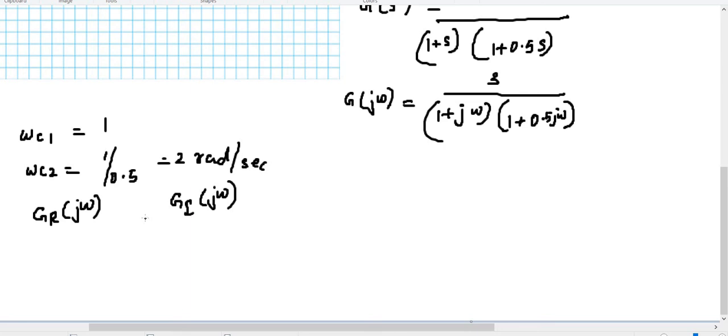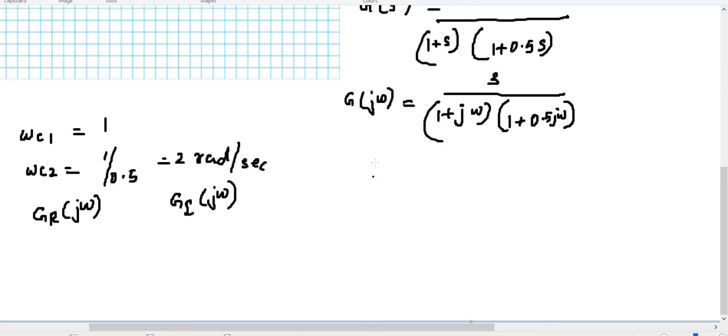In order to find the real and imaginary parts, we can start from a frequency lower than the lowest corner frequency, and gradually increase the frequency and find out the values of the sinusoidal transfer function. We can do it in a calculator.